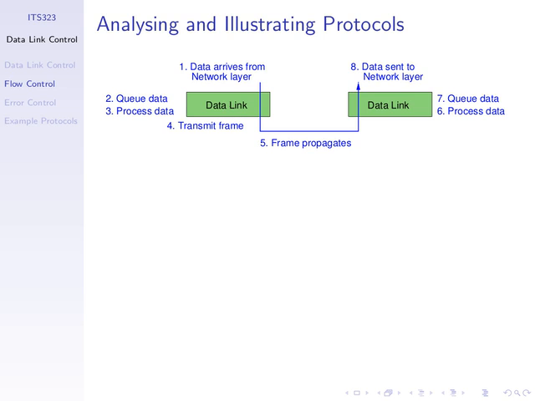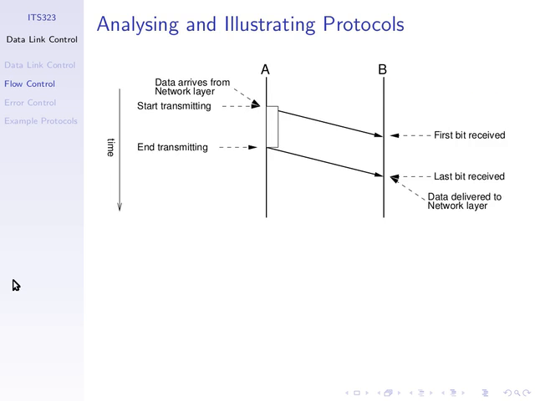That data may be queued, put in a queue, put in memory, and then it's processed. That may take some time. Then we transmit a frame. That frame propagates across the link. It's processed at the receiver, maybe some queuing delay, and then sent up to the network layer. That's just the steps that occur.